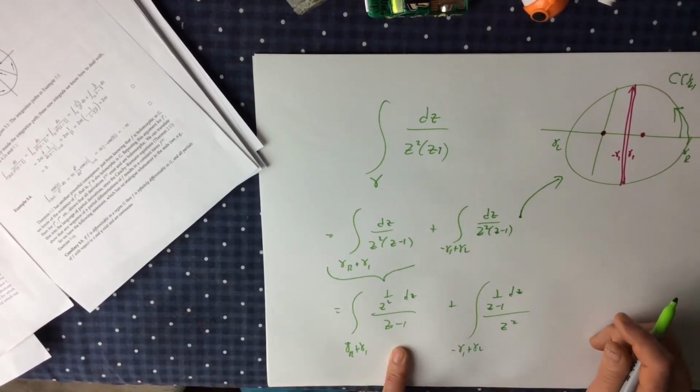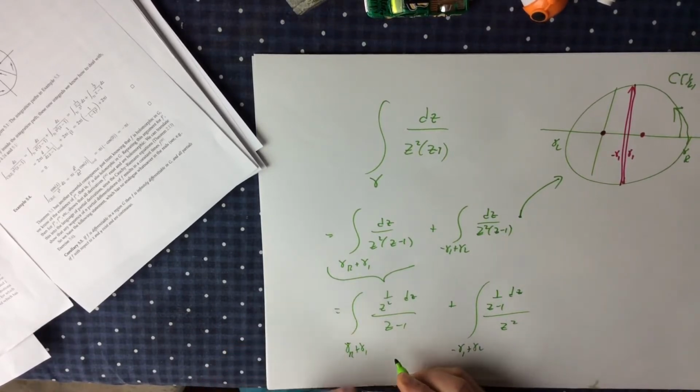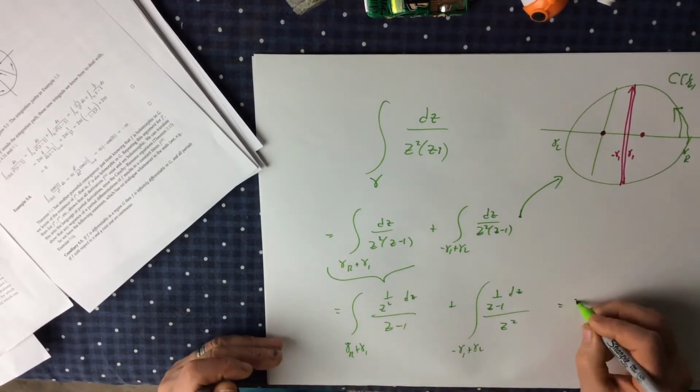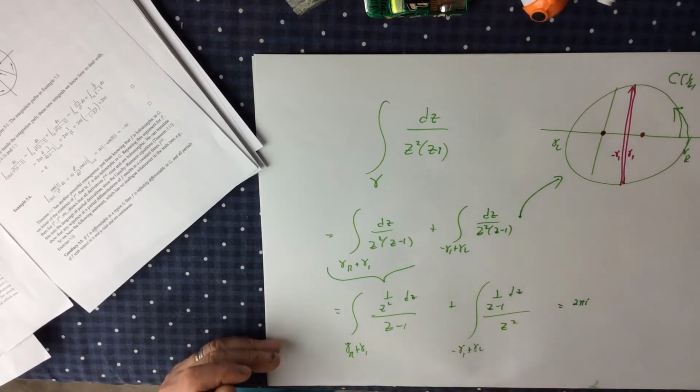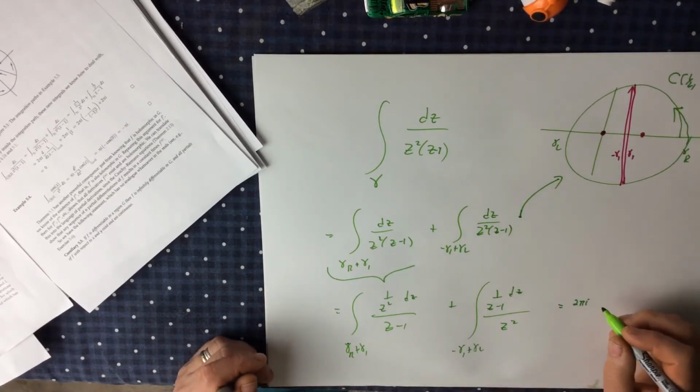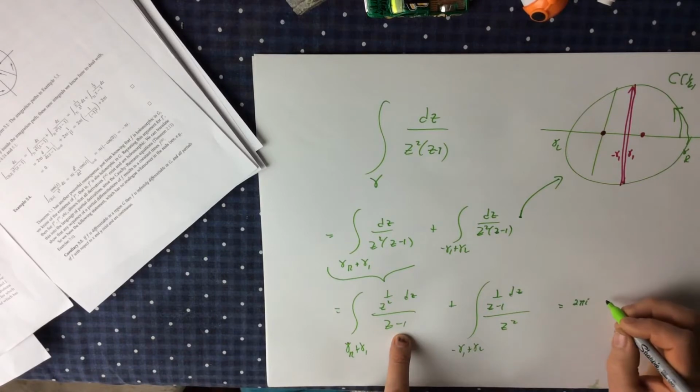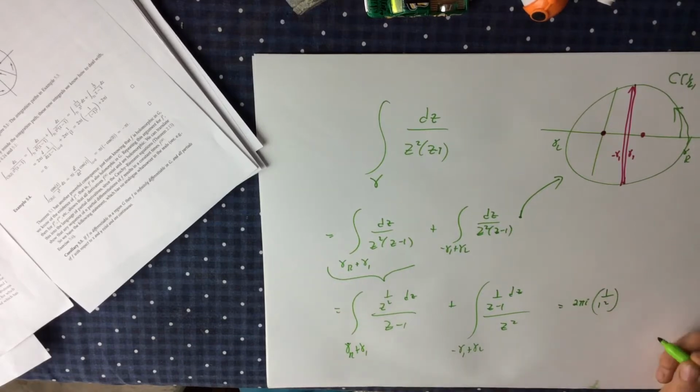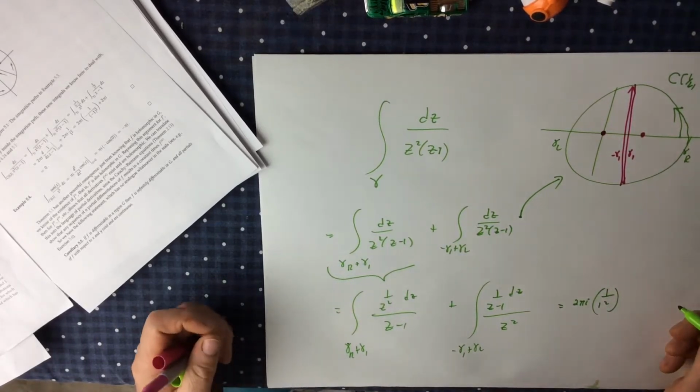This one is an integral that has the standard z minus w in the bottom, so its answer is 2 pi i, and then the top evaluated at the central point. And so this will be 1 over 1 squared. So there's the first value.